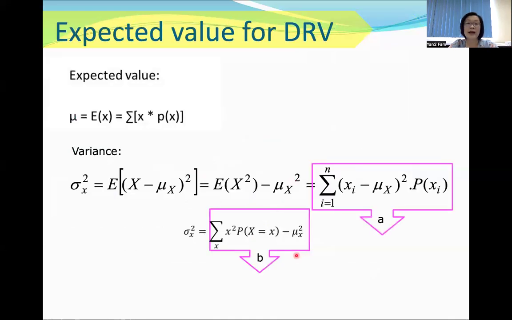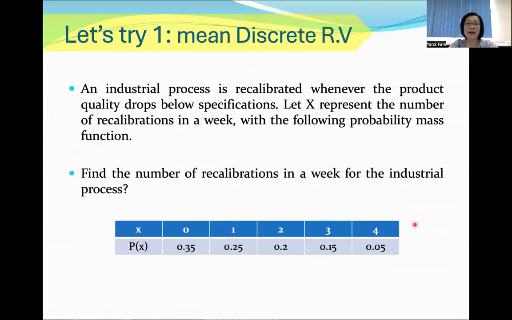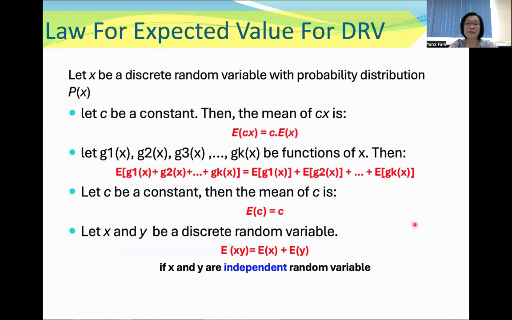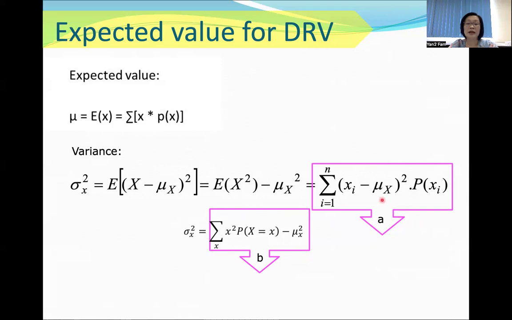Okay, for the variance of a DRV, there are two ways. One is the one that I showed you just now, okay? Another one is, let's say you have a lot of numbers. That example is just so little. So your x minus the mean, the total mean, power of 2 times the probability of each, and then you add them together.